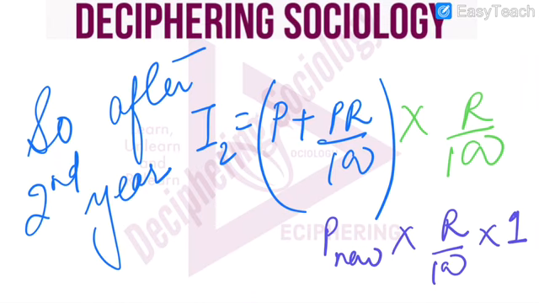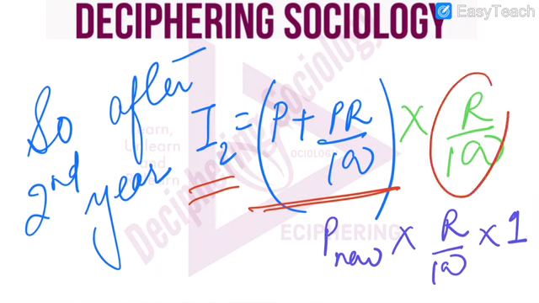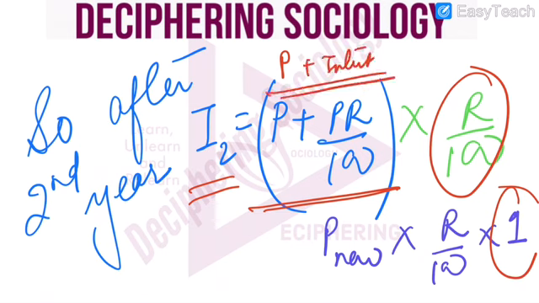The interest will be the new principal into the rate of interest into 1 year. This new principal is P plus the interest. So you can see how the principal keeps on varying.